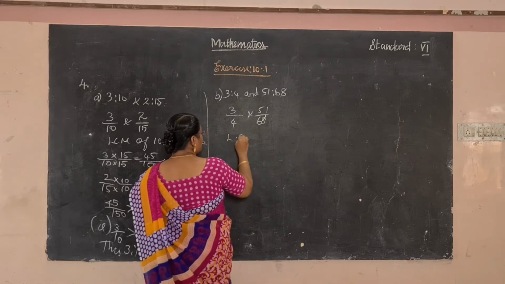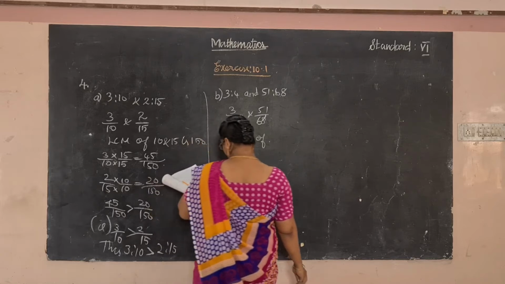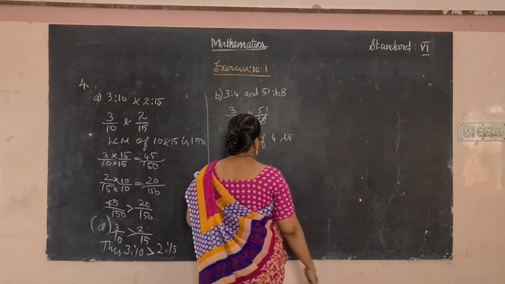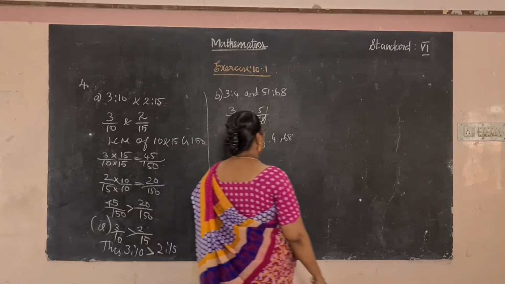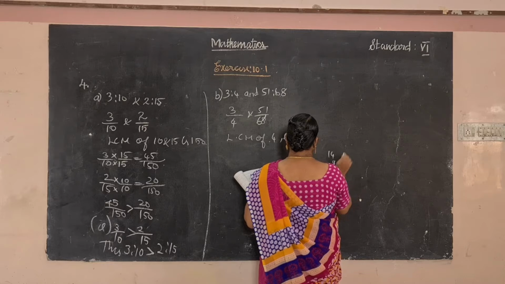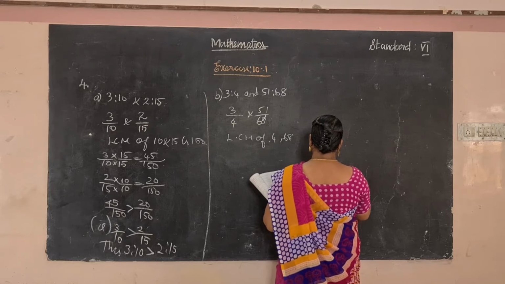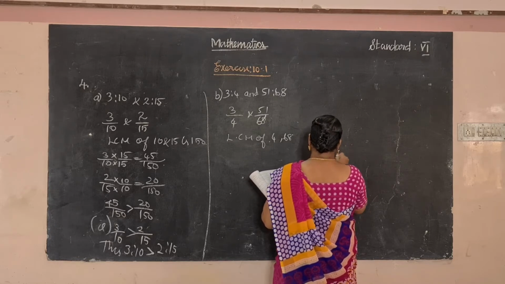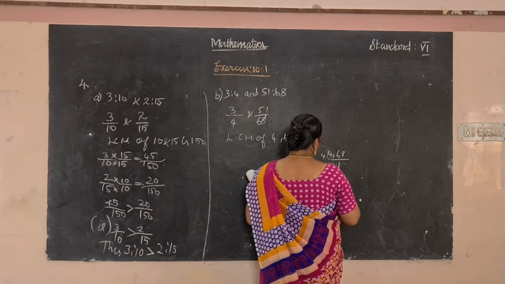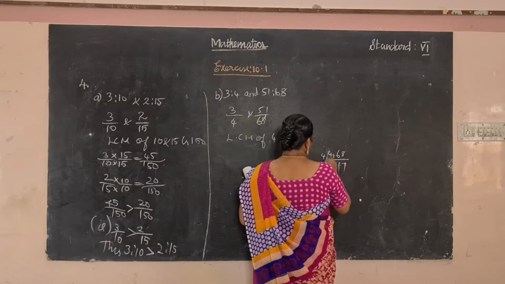So the LCM of 4 and 68. Okay, so how many times is possible? 4 ones are 4, remaining to 28, 4 sevens are 28.